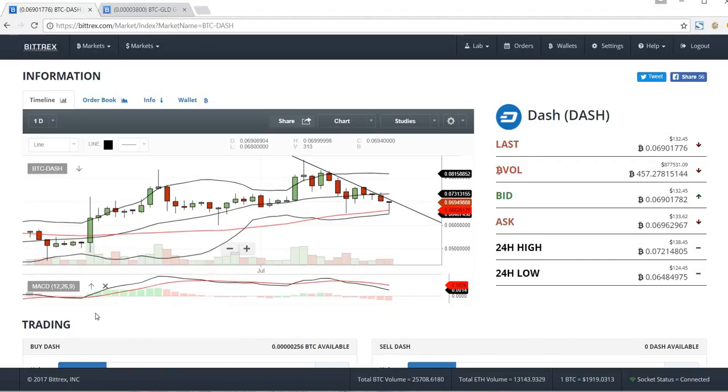These are some averages, and what we want to look at is when the black line crosses the red line. Until the black line has crossed the red line, basically you should not make a move.